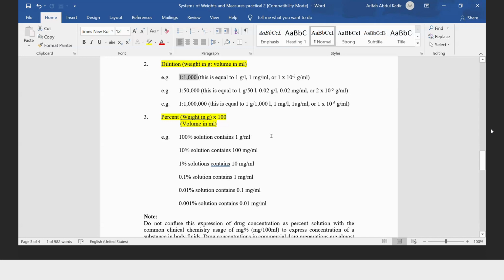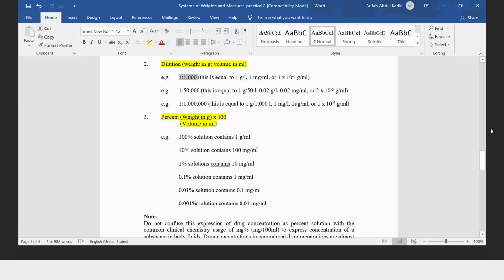So what's 10% out of 1 gram? 0.1. So 0.1 gram per ml will give me the 10% solution.